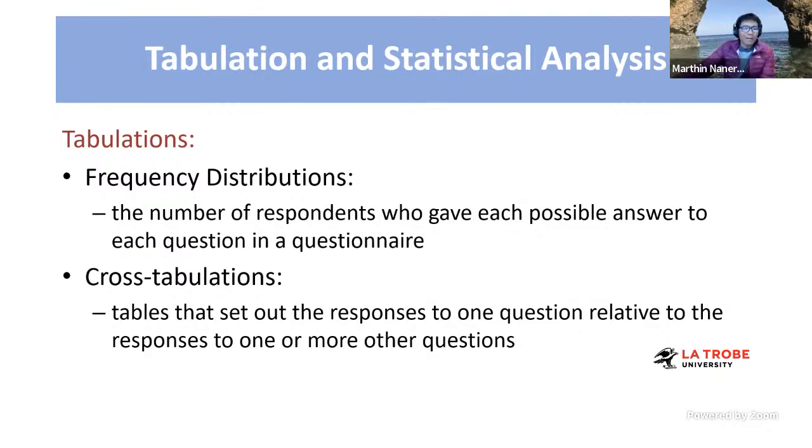Cross tabulation. That's another example of basic statistical analysis. Cross-tabs are both simple to use and also provide a very powerful analysis technique. They examine the responses to one question relative to the responses to one or more other questions. So, for example, you can look at male, female, and car preferences.